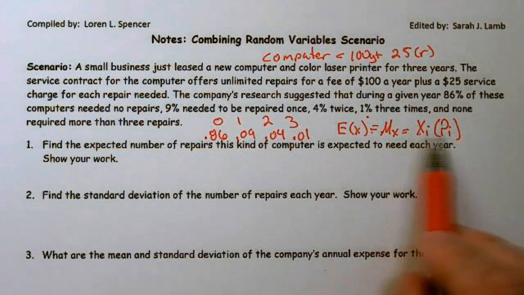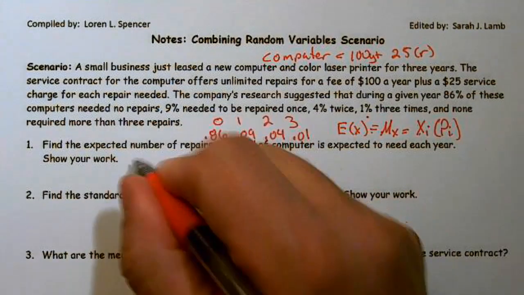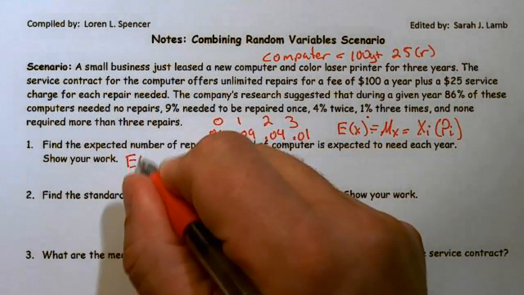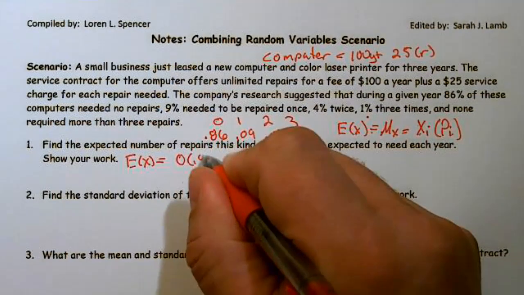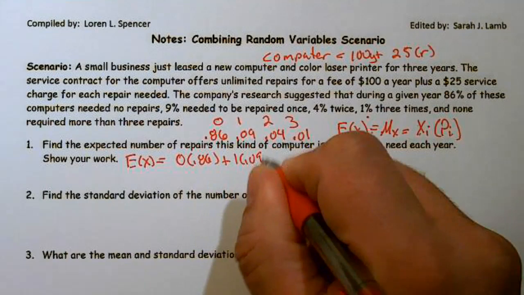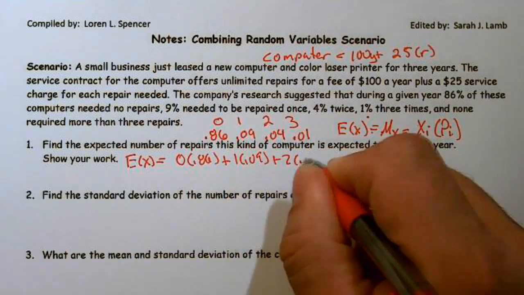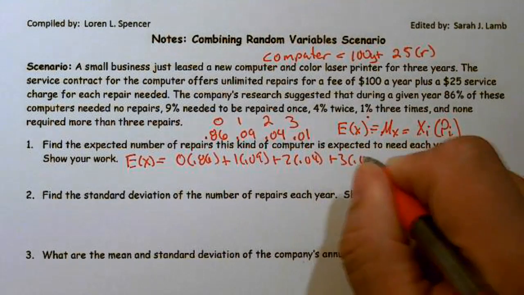So your individual x's times your individual probabilities. So showing my work, it's going to look something like this. The expected value equals 0 times 0.86 plus 1 times 0.09 plus 2 times 0.04 plus 3 times 0.01.